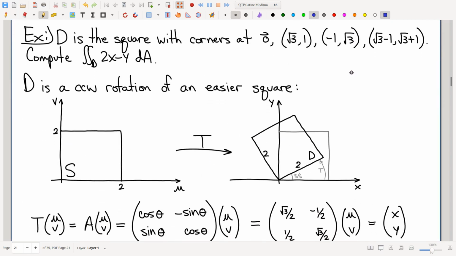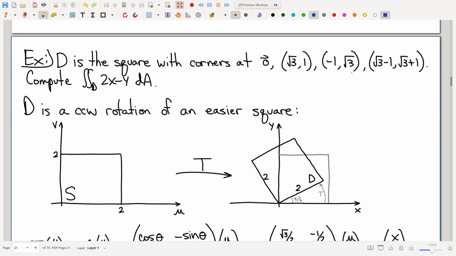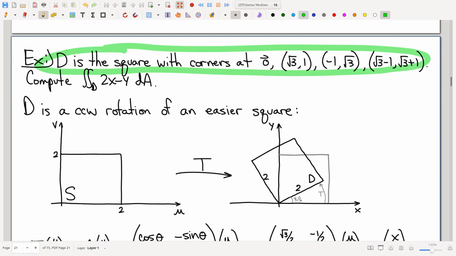Okay, here's an example, really nice example. So let's suppose we have this square as our domain. You can check and make sure you can do this, of course, that those 4 points form a square, specifically a square like this.